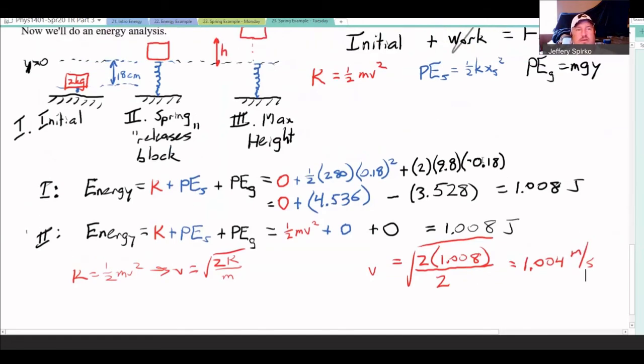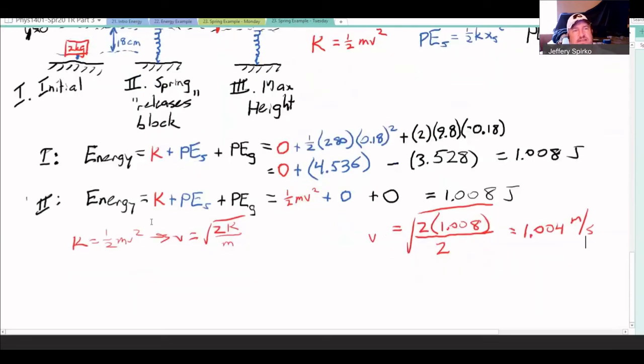So compressing the spring by 18 centimeters, including both the spring energy and the gravitational energy, is equivalent to setting up a launcher that can launch our block at about 1 meter per second.